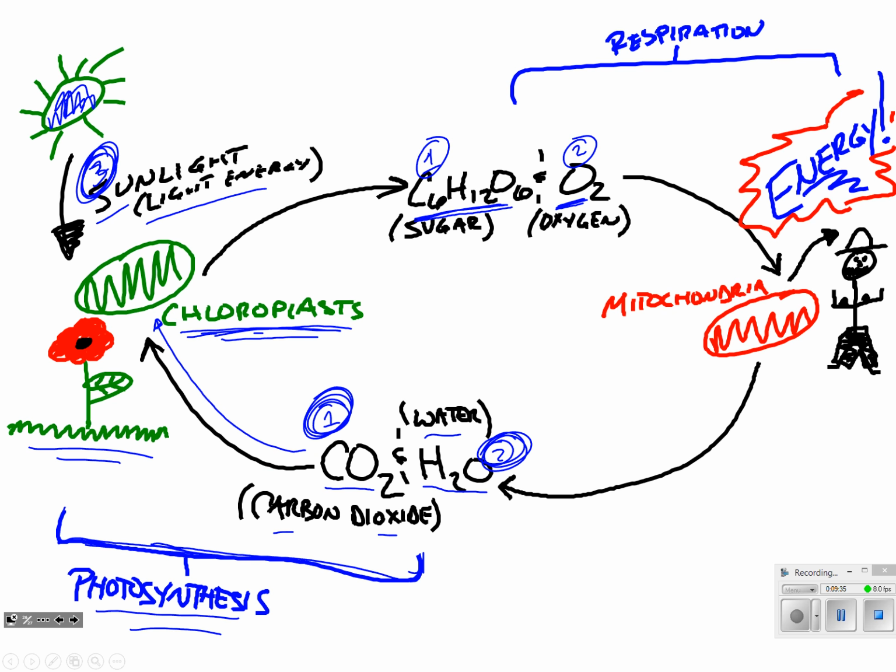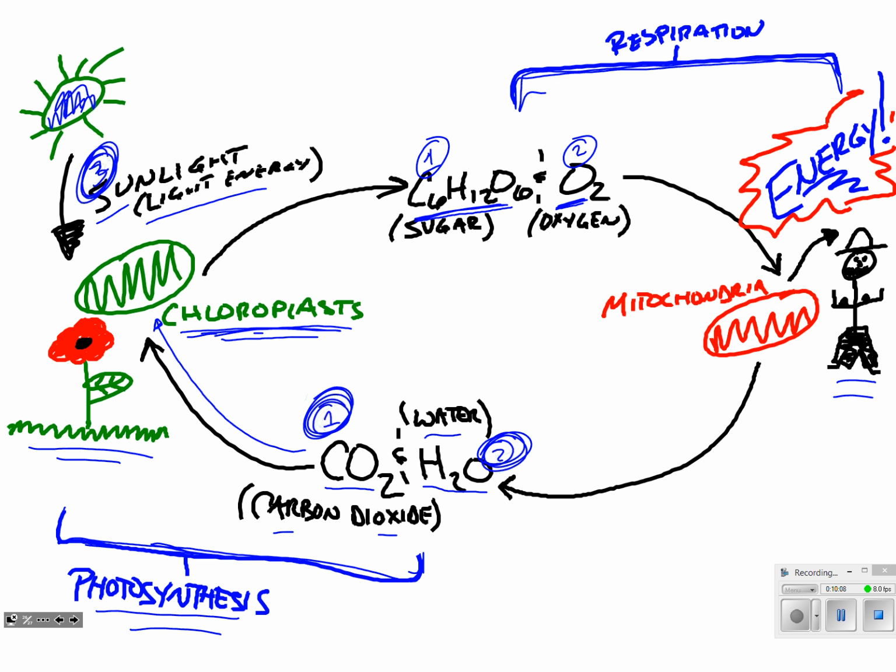Going back to our diagram here, remember photosynthesis is on the left. After photosynthesis happens, respiration occurs. So over here on the right side is a process known as respiration. During respiration, whether it happens in an animal like our super strong farmer person here, or in a plant, plants do respiration as well, two things are always taken in.